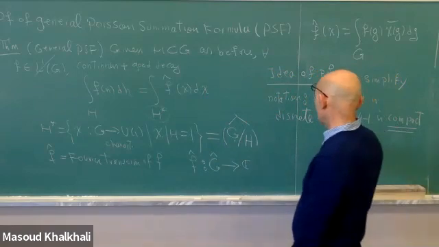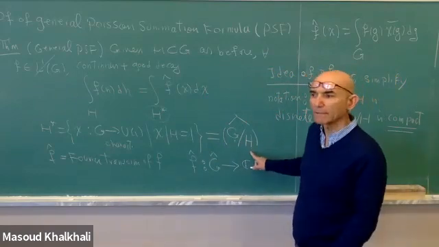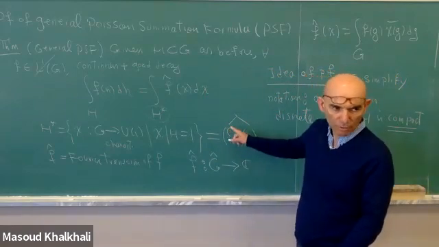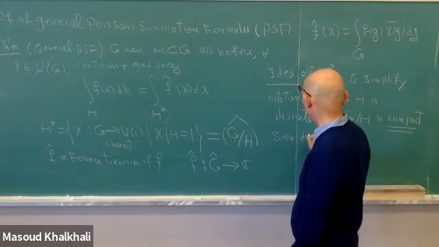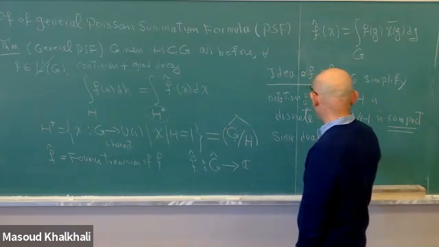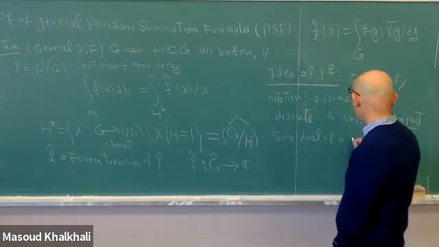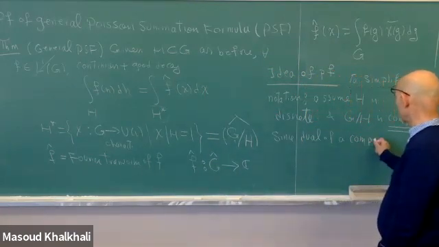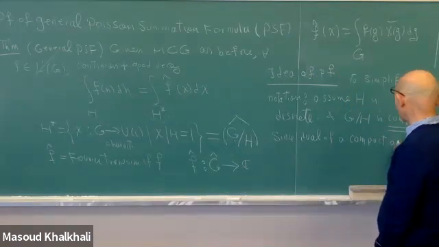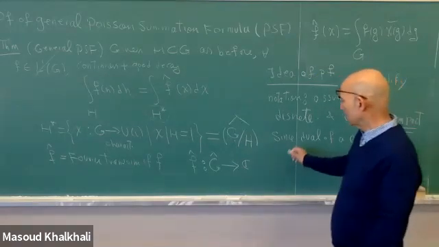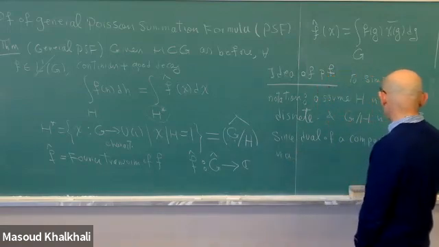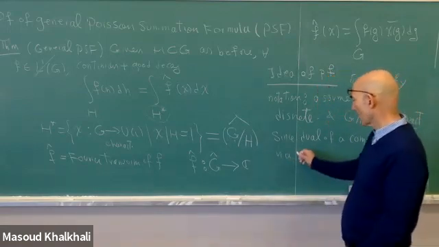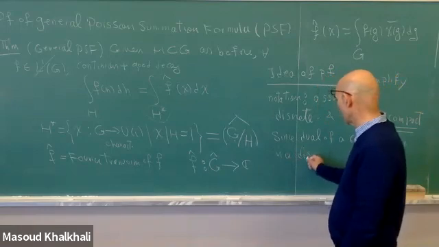In this case, the dual of a compact abelian group is a discrete group.